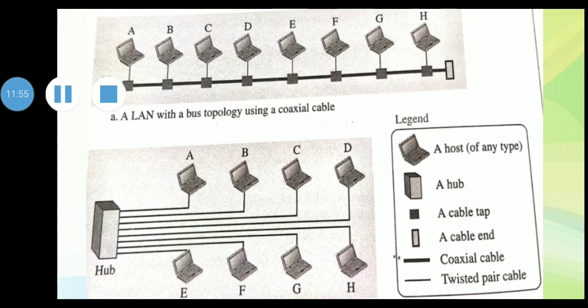The practical efficiency of standard Ethernet has been measured as efficiency equals 1 divided by 1 plus 6.4 times a, where the parameter a is the number of frames that can fit on the medium. It is calculated as a equals propagation delay divided by transmission delay. The transmission delay is the time it takes a frame of average size to be sent out, and the propagation delay is the time it takes to reach the end of the medium.